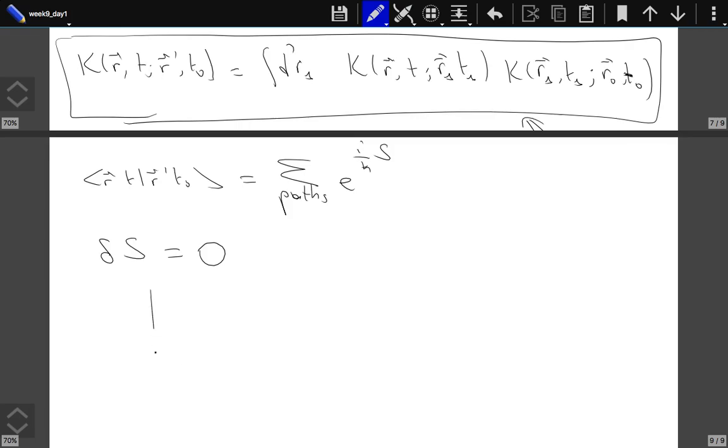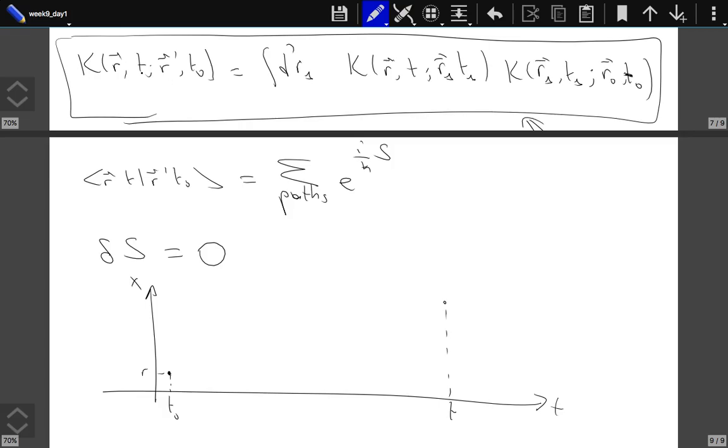Now this is what I will do. Let me just use this as my time axis, this as the position. Let's say my particle starts here at the time t0. This is my position r. It will be at this point at the time t.